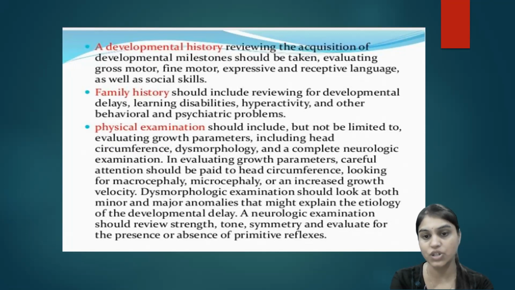Dysmorphologic examination should look at both minor and major anomalies that might explain the etiology of the developmental delay. A neurologic examination should review strength, tone, symmetry, and evaluate for the presence or absence of primitive reflexes.